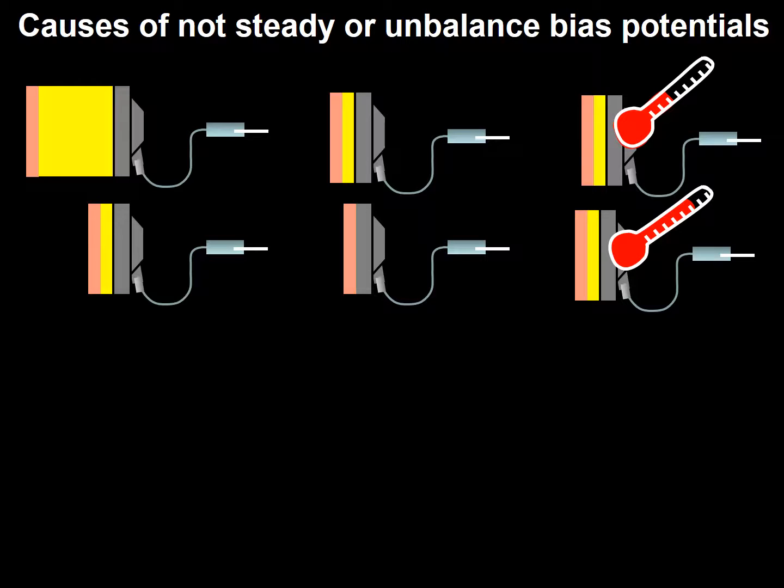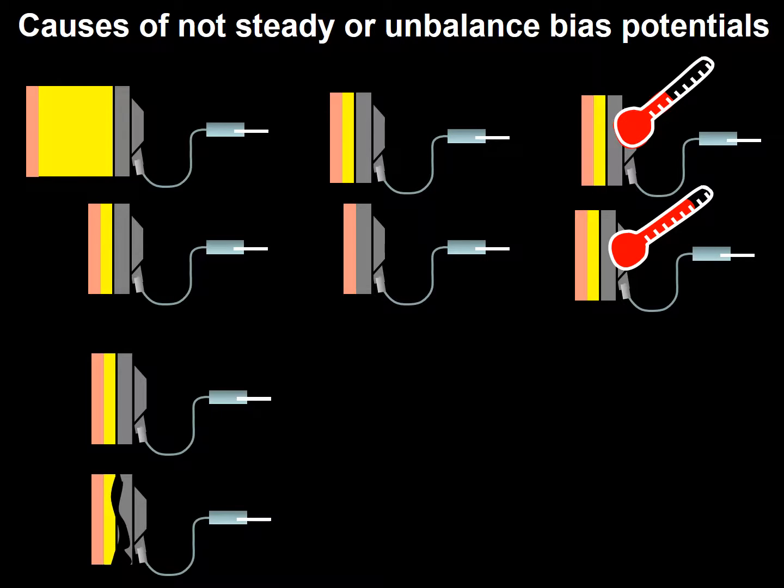Couple electrodes at different temperature, like it happens when one electrode is close to an outlet of an air conditioner while the other is not. Coupling electrodes with one good and clean disc surface to one with a dirty or broken surface.